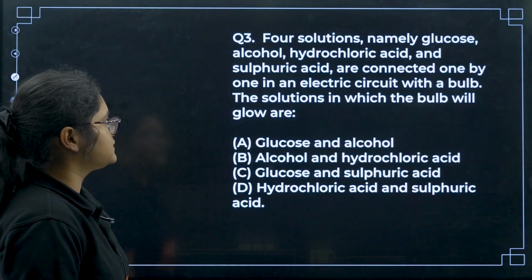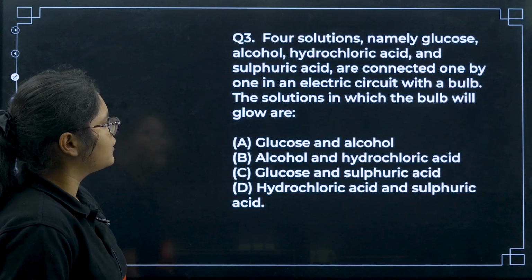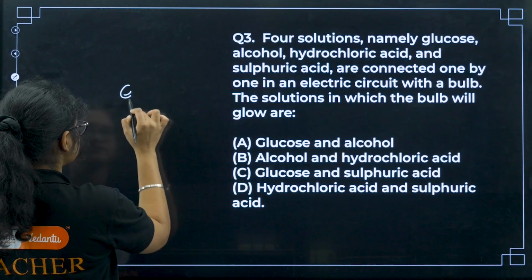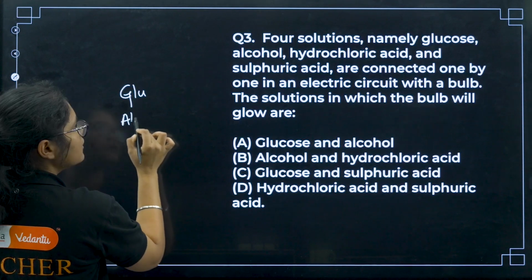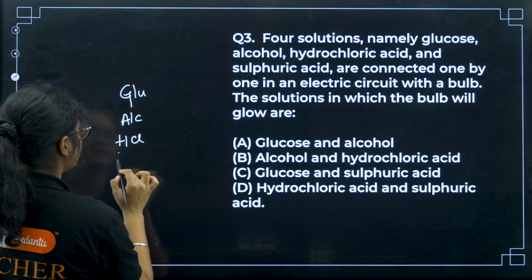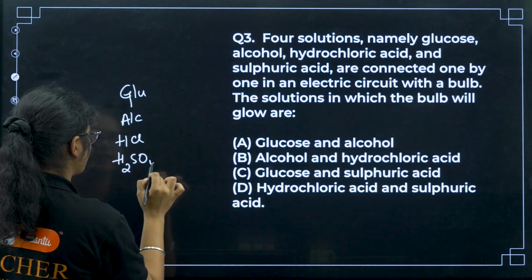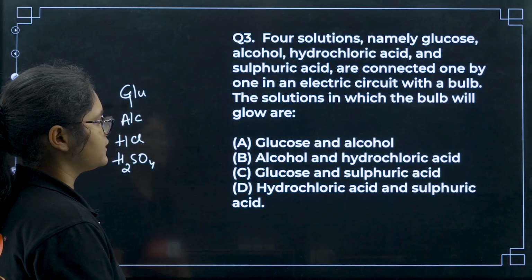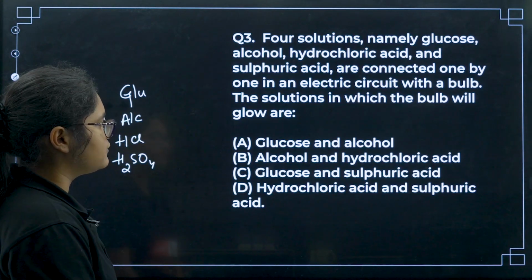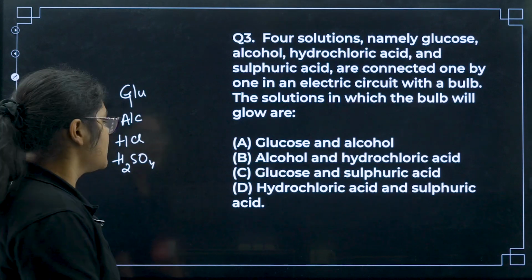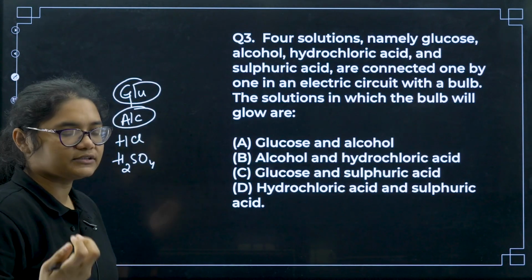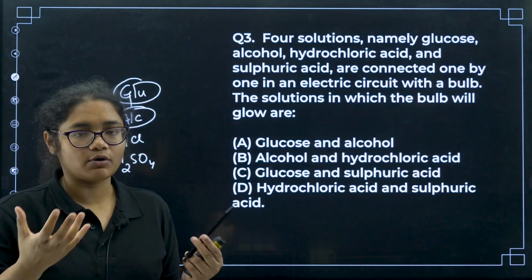Next, 4 solutions, namely glucose, alcohol, hydrochloric acid and sulfuric acid, are connected one by one in an electric circuit with a bulb. The solutions in which the bulb will glow are... See, in glucose and in alcohol there is no dissociation into ions, so ions are not produced.